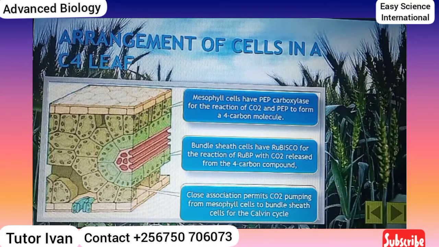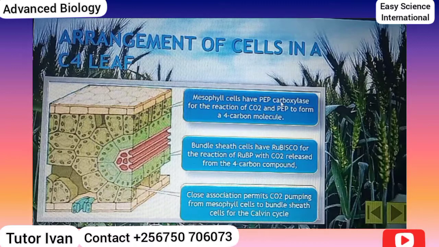Before we look at the real biochemistry of C4 plants, we need to first look at the arrangement of cells in the C4 leaf. As you look at this pictorial, we are looking at a leaf arrangement where the outer ring is made up of what we call the mesophyll cells, and these mesophyll cells have PEP carboxylase.